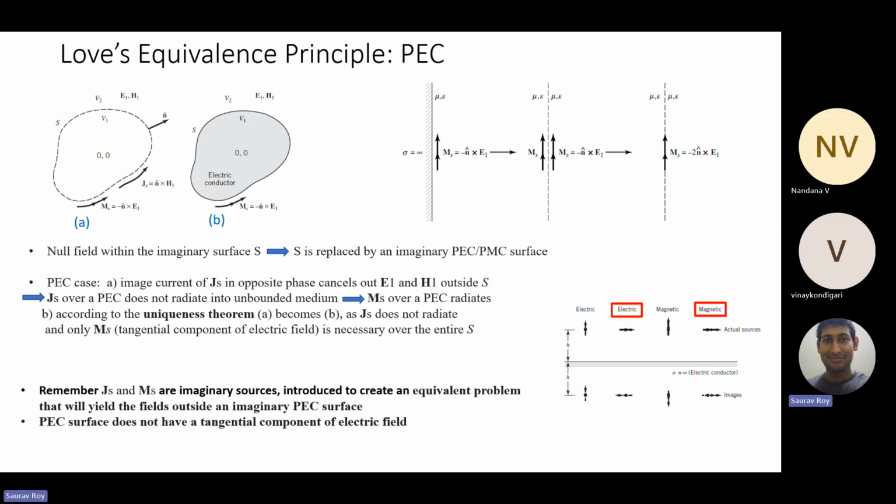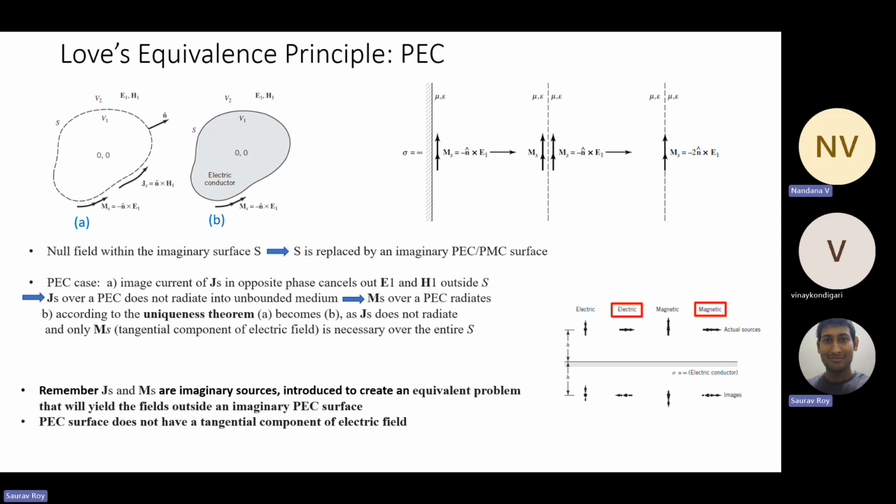A and B: A is the first point and B is the second point. B says why the uniqueness theorem is useful here. What is the essence of the uniqueness theorem here? Understood, right?